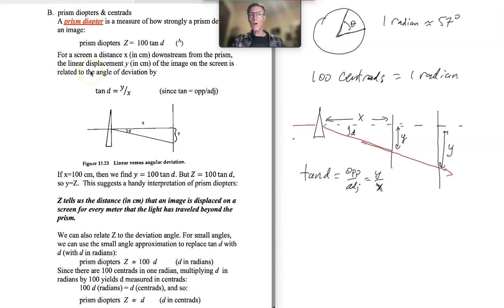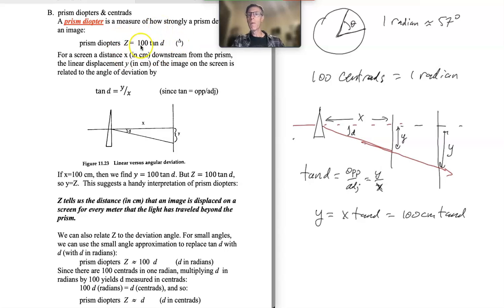So just an interesting mathematical thing is if we happen to set x to 100 centimeters and measure what our y is, just looking at this equation up here, we can rearrange this to say y would have to equal x tan d, and if I've made x be 100 centimeters, I would do this, and that's interesting because we actually define the power of a prism.